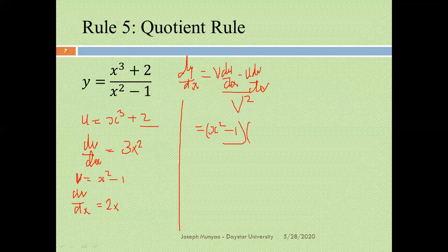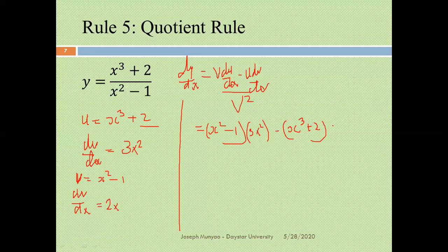This multiplied with du dx, which is 3x squared, minus u. My u as a function is x cubed plus 2. And then from there, my dv dx is 2x. Then everything I will divide with v, so I will divide with x squared minus 1, everything squared.